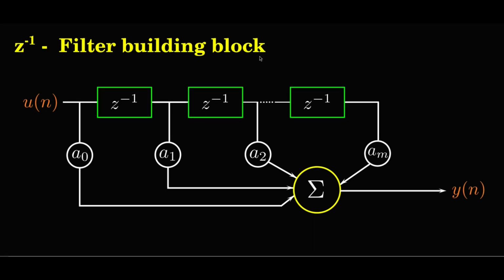So this is one form of filter. This is the output y[n], and this is the input stream.